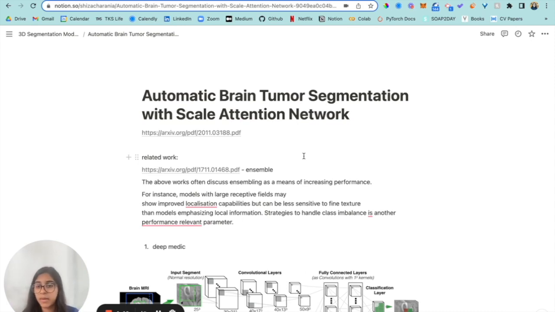Now, for instance, there might be some disadvantages to models that other models can solve. In this case, models with large receptive fields may show improved localization capabilities, but can be less sensitive to fine texture than models emphasizing local information. So there are some disadvantages to some models, but there are strategies to handle these imbalances, which can be done with another parameter from another model.